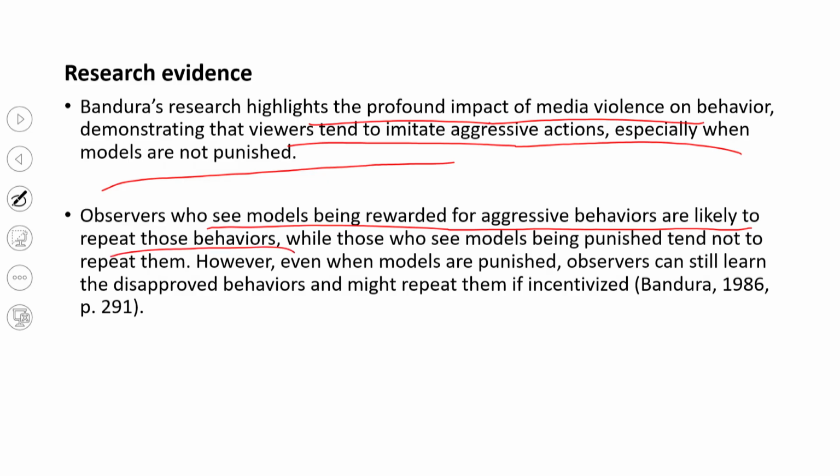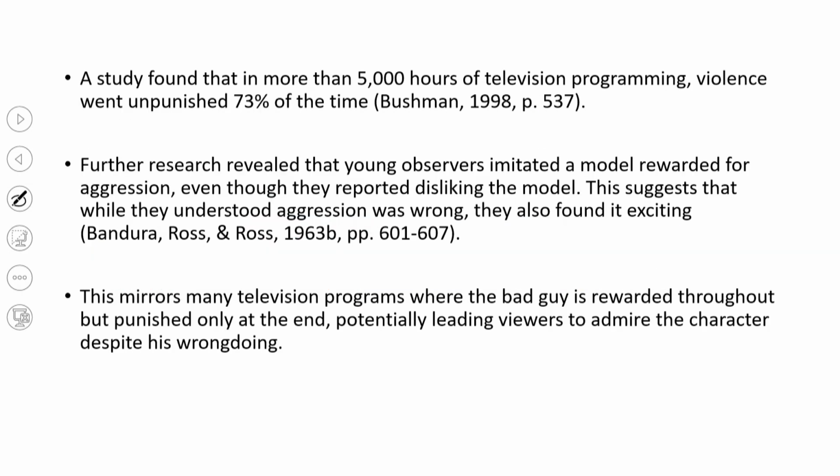As we said, reward will have more influence, while those who see models being punished probably will not repeat them, or will repeat them less. However, even when models are punished, observers can still learn the disapproved behavior and might repeat it if incentivized later. Even if they see someone punished for violence, they will still learn those behaviors and may show them when they get an incentive. So, all these possibilities are there.